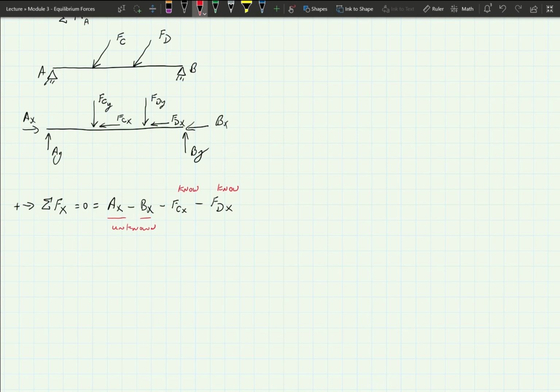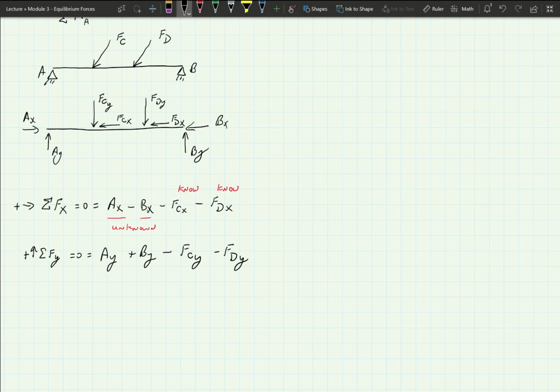All right, then we need another equation. Cool, let's go write another equation. So the next equation is sum of the forces in the y. We're going to make vertical positive equal to 0 equal to AY plus BY minus FCY minus FDY.